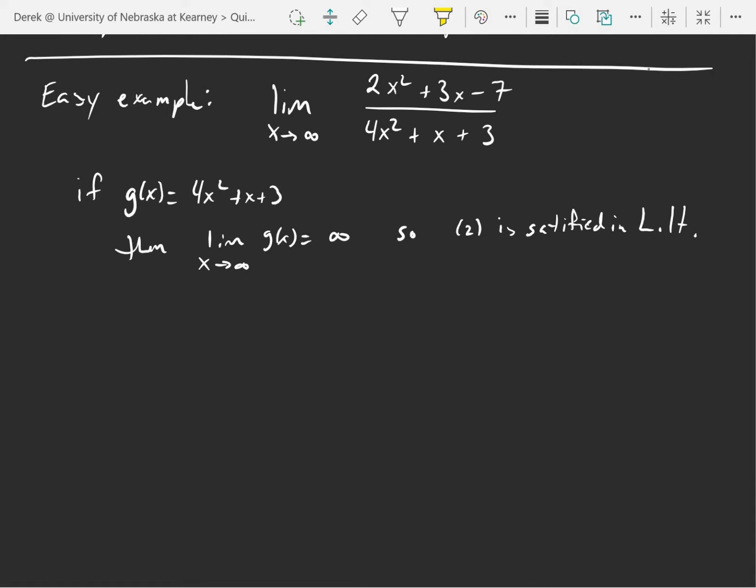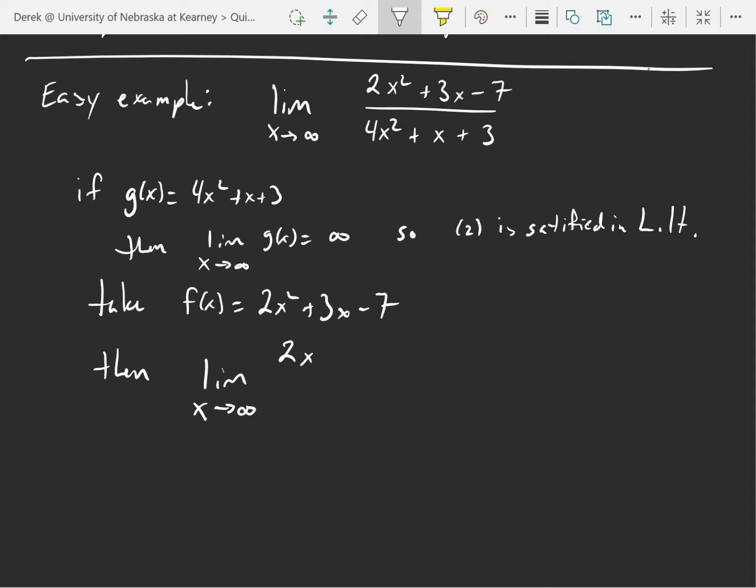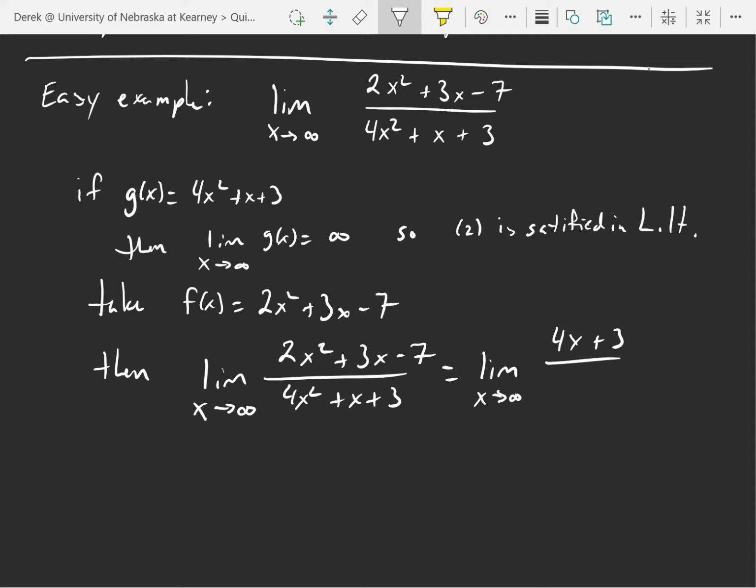So we take the numerator to be f, and that's 2x squared plus 3x minus 7. And then this limit, as x goes to infinity, of 2x squared plus 3x minus 7 over 4x squared plus x plus 3 is equal to the limit of their derivatives, which would be 4x plus 3 over 8x plus 1.